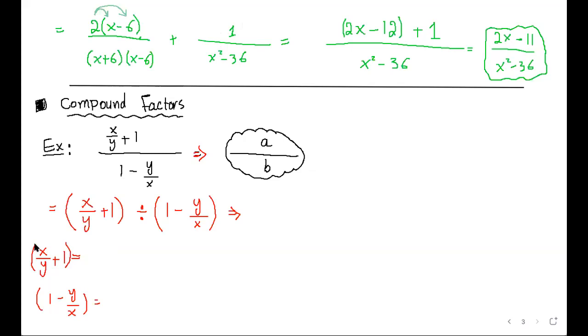Would you like to use the cross multiply? Okay, let me do the cross multiply. Who will do this one by cross multiply? Would it be x plus y over what? Over y, yes. So he multiplied x by the 1, and the y by the 1, because the 1 is actually 1 over 1.